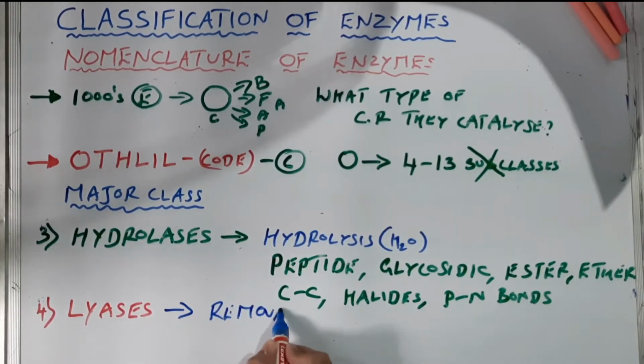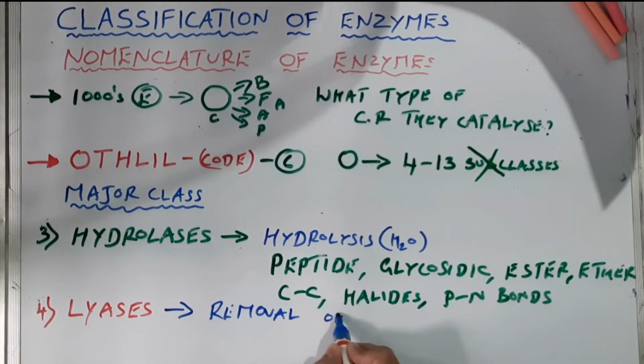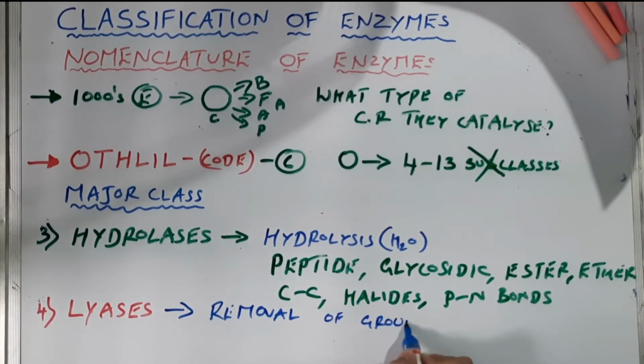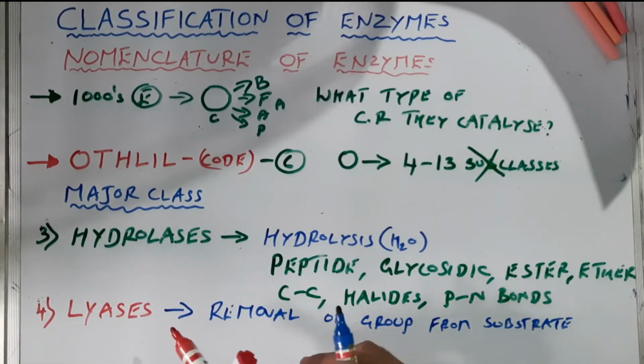Lyases remove a particular chemical group which is already attached to a substrate. So in the chemical reaction, a substrate is there, and to that substrate a group is attached. They are going to break the bond between the group and the substrate, detaching the group from the substrate.